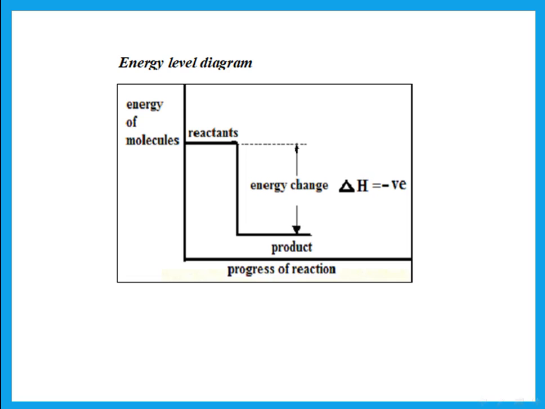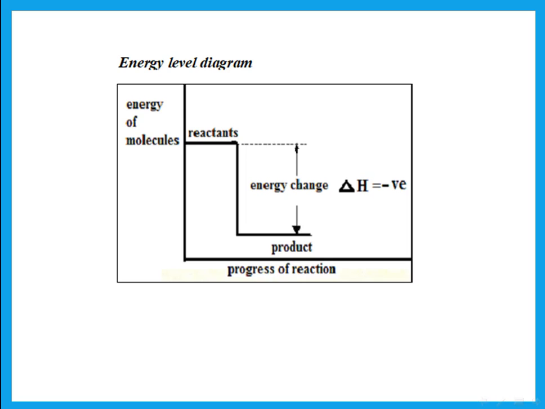But if the question says draw an energy level diagram, you do not need to include activation energy. You just need to show where the reactants are and where the products are, and that the delta H is the difference in energy between reactants and products.